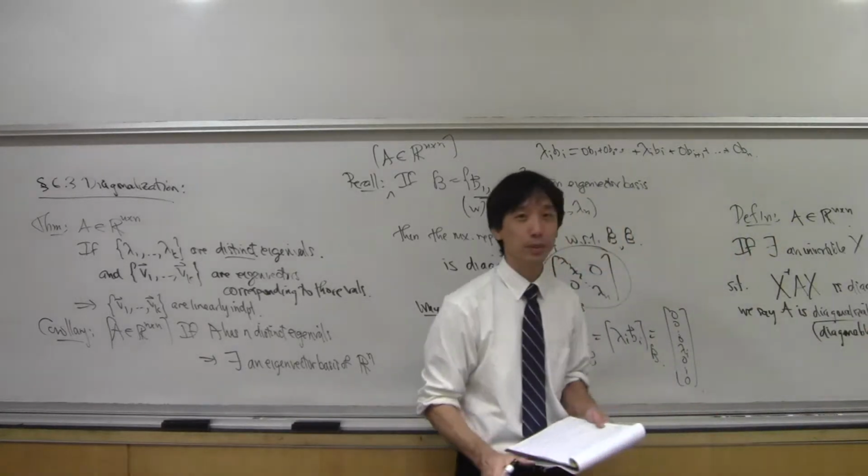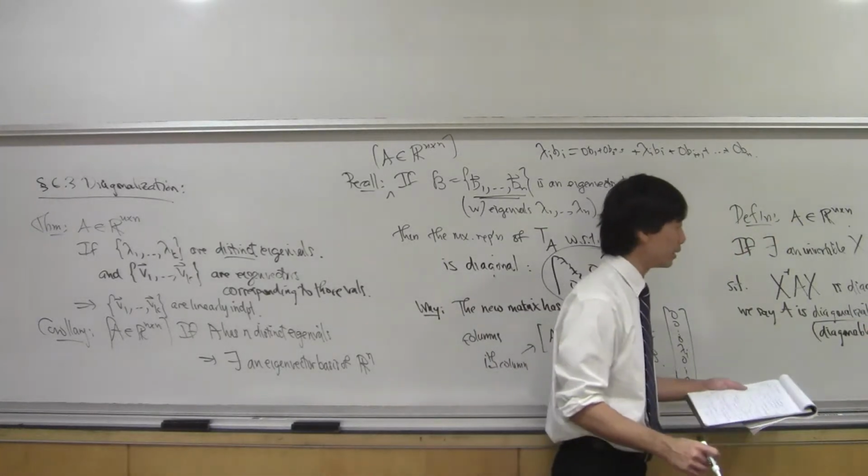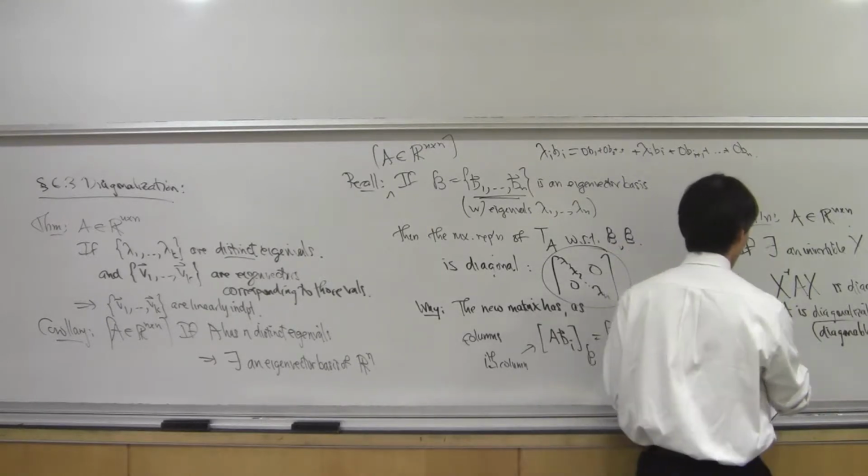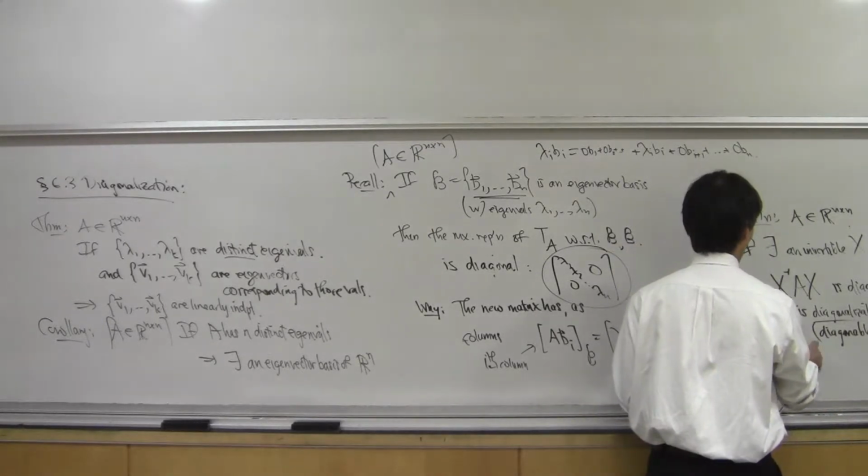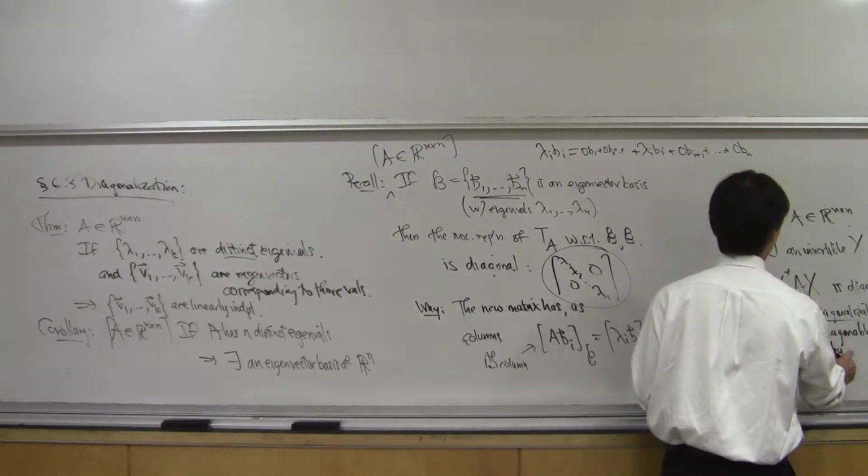Diagonalizable, diagonable, one takes a little bit less work. A is diagonalized by the matrix X.